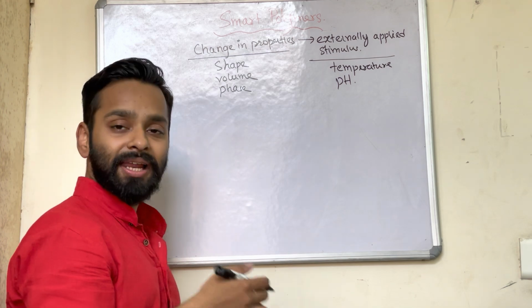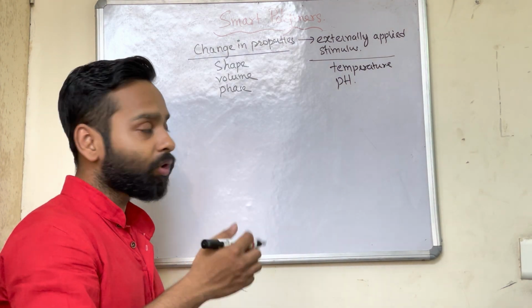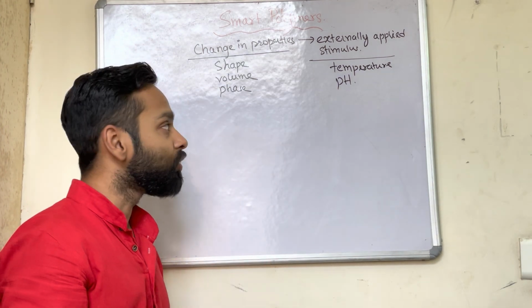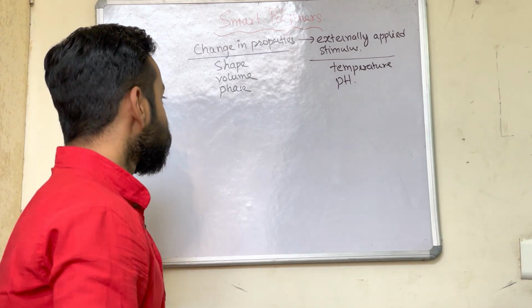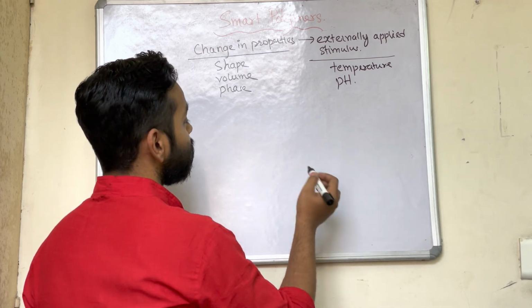So electrical fields, optical properties, and even visible light. These polymers can have different stimuli in response to which they will be undergoing changes in their physical properties.